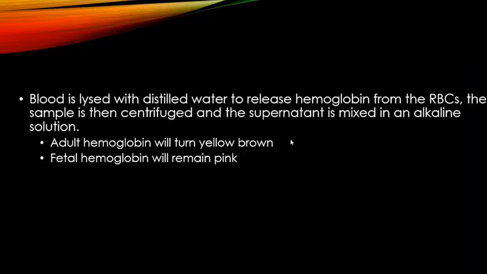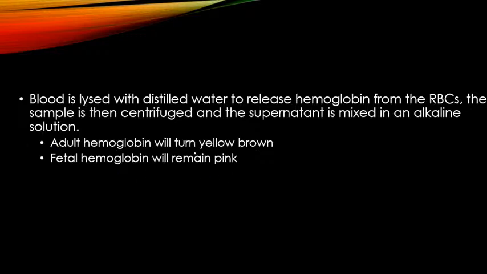Now, what is the principle of the APT test? Basically, blood is fixed in water, and you release the hemoglobin from either the stool or vomit or from the vaginal blood that you get. The sample is centrifuged, okay, and the supernatant is mixed with an alkaline solution. Adult hemoglobin will turn yellow or brown, while fetal hemoglobin will remain pink. Okay?